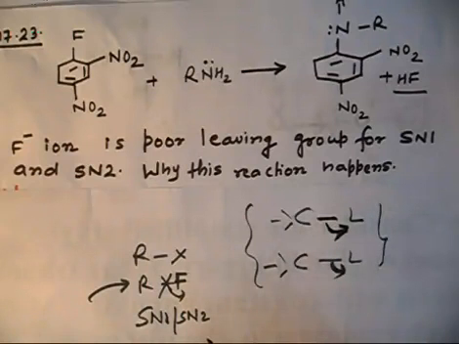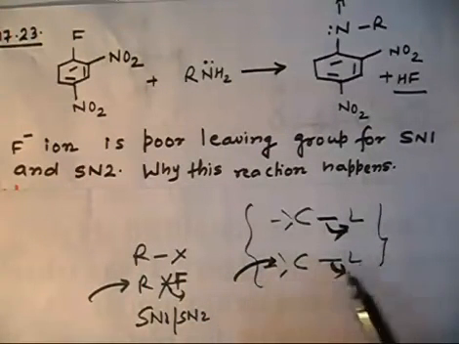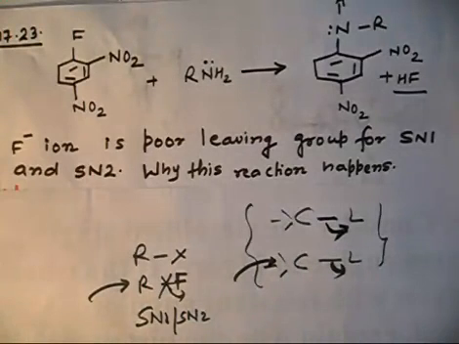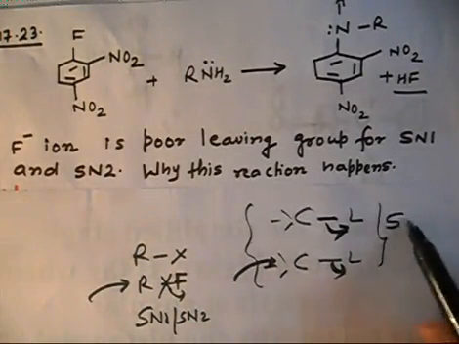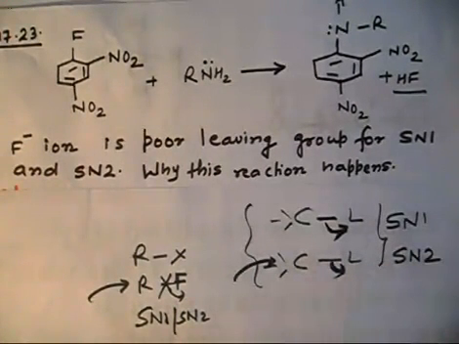If the reaction is SN2, both happen at the same time, this attacks and this goes, so once again the leaving group comes into the RDS. In both cases, the leaving group comes into the RDS.